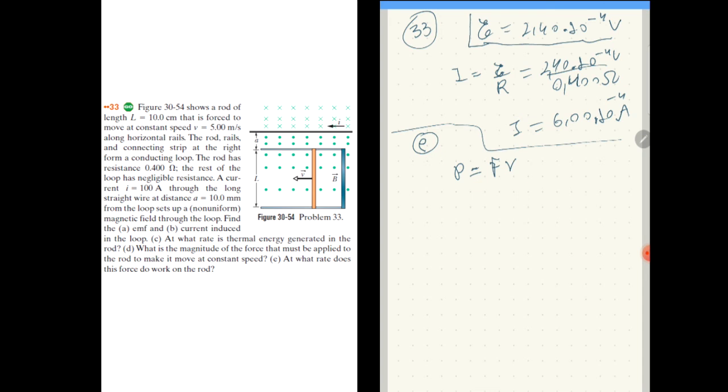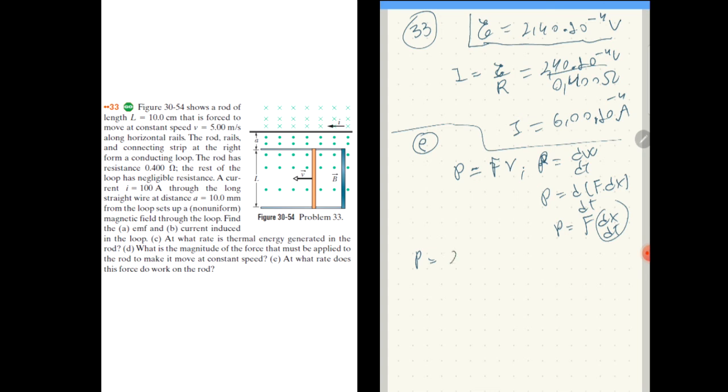And one approach to see this is to consider the definition of power, which is dW/dt, but dW is actually the force times dx, considering the horizontal direction, over dt. And if the force doesn't depend on time, you have dx/dt in here, and this is the velocity. So the only thing you have to do is substitute the quantities.